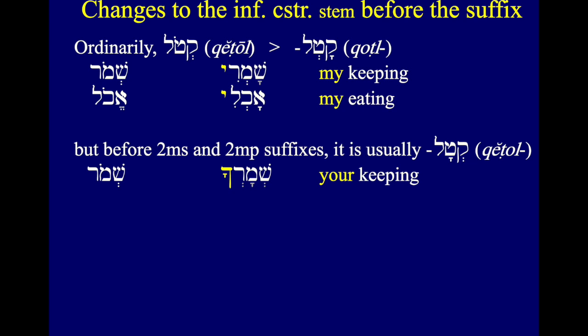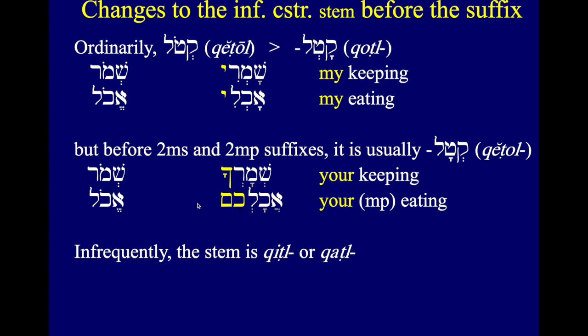So the to keep of you is your keeping. Again, it works a lot better if we translate this with what in English we call the gerund, the ing words. So achol, to eat. Acholchem, this should be a segol here, sorry. Acholchem, to eat of you, or the eating of you, or your eating.